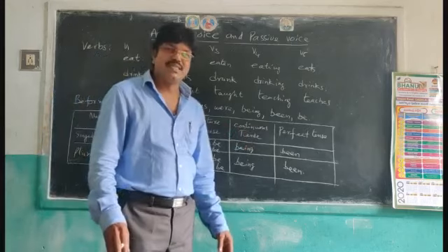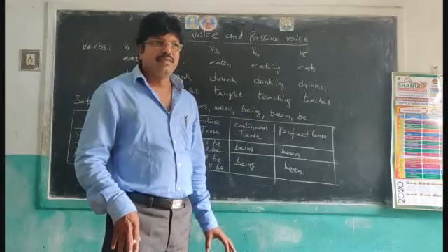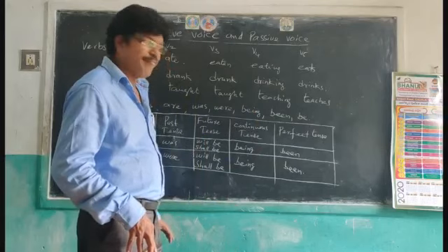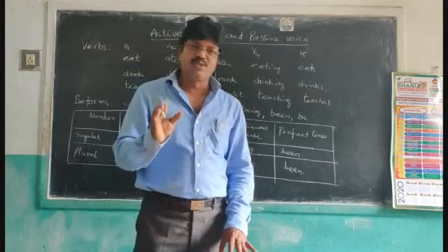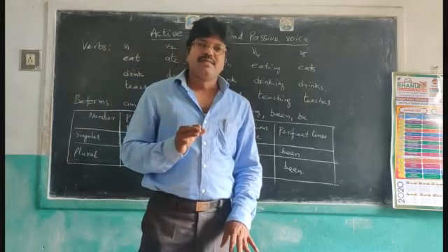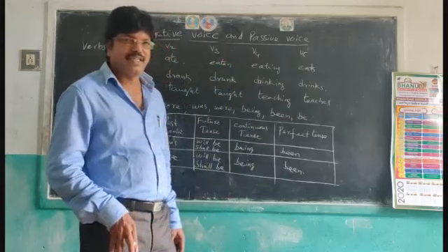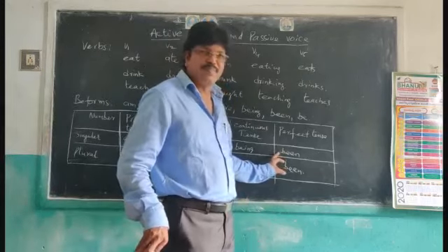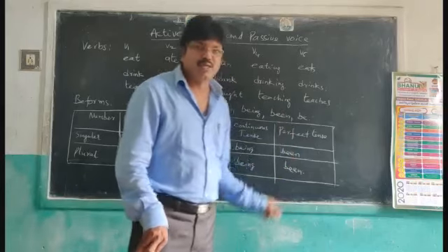In continuous tense, we use the be form being, B-E-I-N-G. Continuous tense, being is most important. To use it correctly, you must know the tense. What type of tense is the given sentence? Identification is most important. In perfect tense, we use the be form been, B-E-E-N.